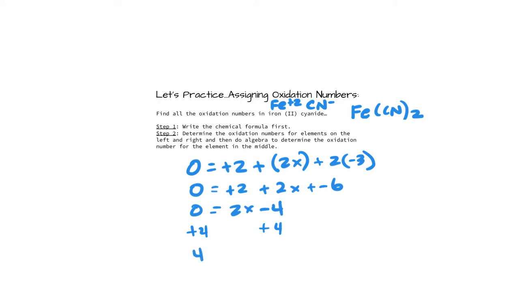So this becomes +4 equals 2x, divide by 2. So x equals a positive 2. Then that means that carbon equals a positive 2. So I know iron is +2, carbon is +2, nitrogen is -3.